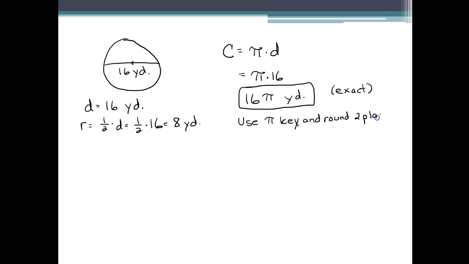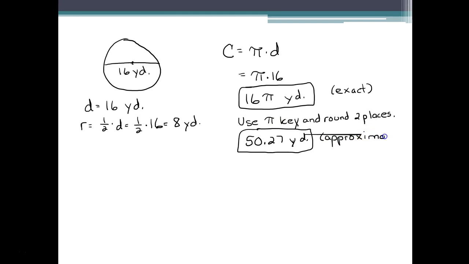Go ahead and round to 2 places. We could say 16 times pi in the calculator. Let's see what we get. I get 50.26548246. I'm going to go ahead and round it to 2 places. So I get 50.27 yards. And that's an approximate answer.